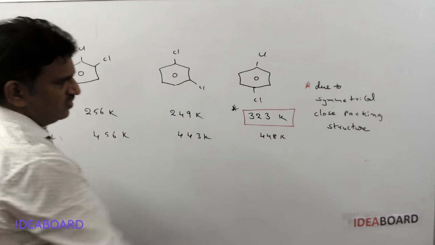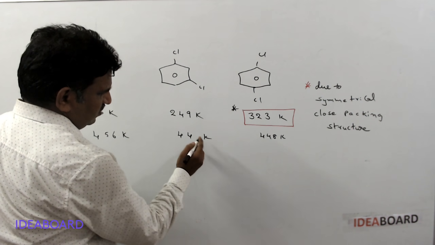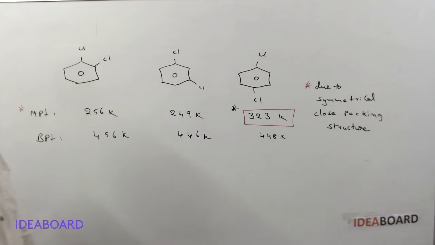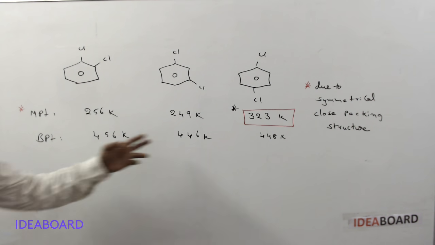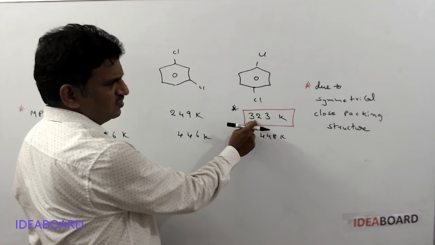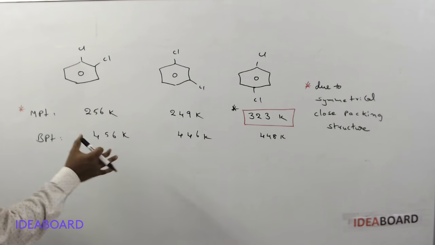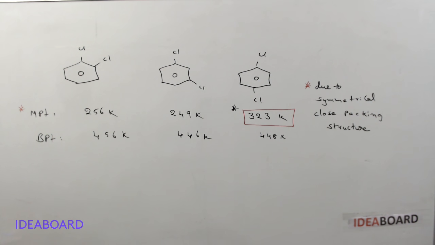I think it is 446, not 443. Only a slight increase is observed, but for the melting point of para it is a very high increase. Okay, so these are the melting points and boiling points of these compounds.